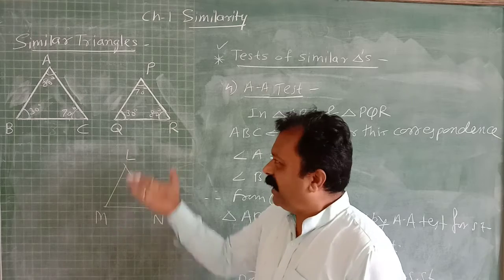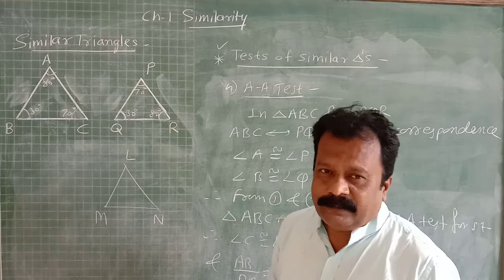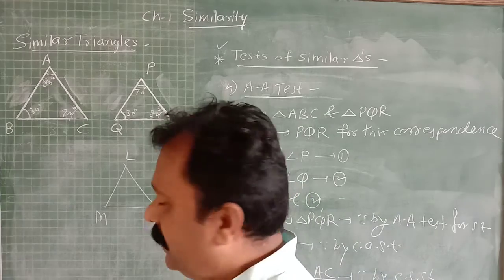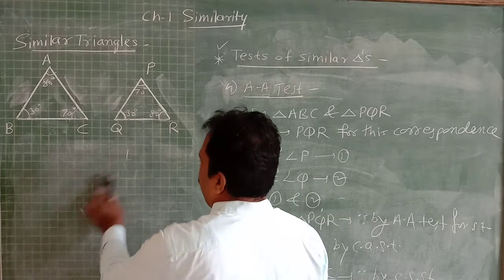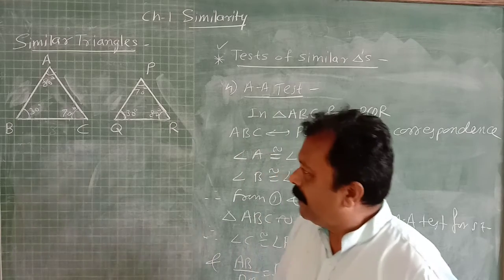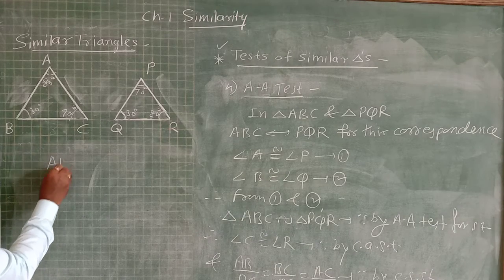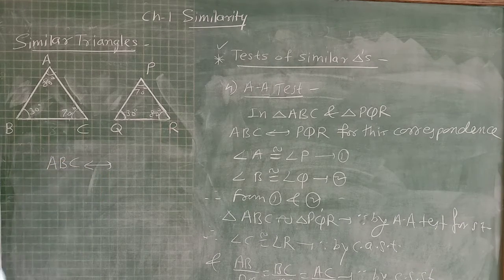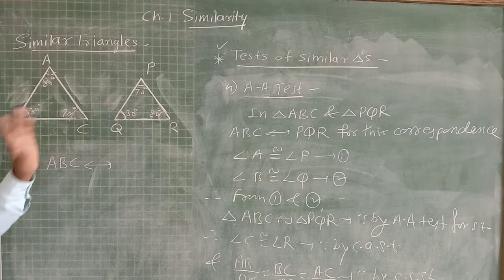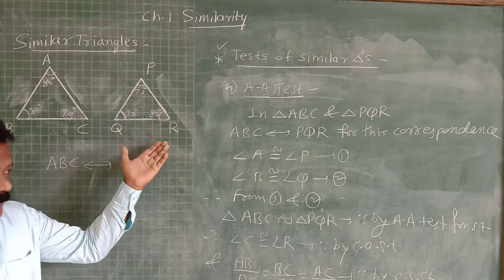So you are getting the habit of that. We have studied in standard 4th, 5th and 6th. Now, first write the name of the triangle ABC clockwise according to you. Afterwards, you have to write the correspondence.